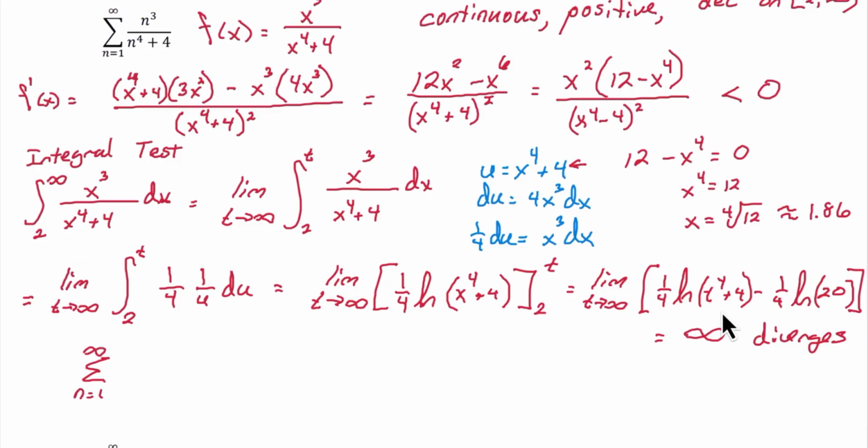And now we can go back to n equaling 1. Again, this was testing for 2 to infinity, but if 2 to infinity diverges, then 1 to infinity definitely also diverges. So continuing to just rewrite the original, n to the fourth plus 4, we know that this diverges due to the integral test.